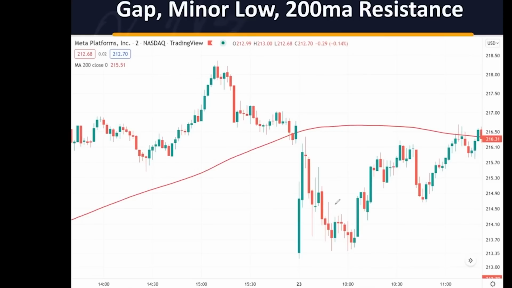Stocks that gap sizably to the downside, even the upside, but we're talking the downside here, that hole creates a vacuum, and often the stock will be drawn into that vacuum.